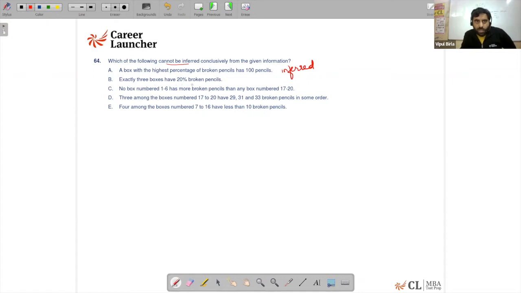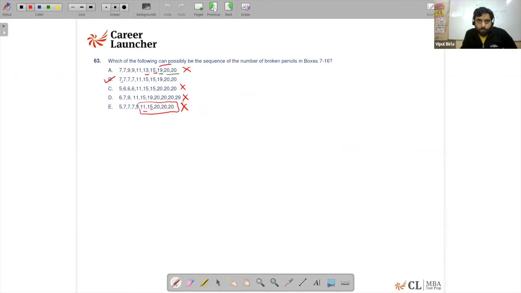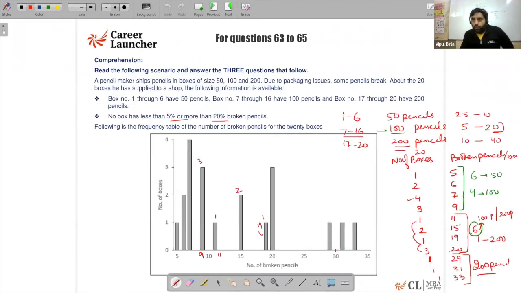Exactly 3 boxes have 20% broken pencils. 20% will be either 10 or 20 or 40. So in this case, no. In this case, 20, and since there's no box with 10 pencils broken, they are saying exactly 3 boxes are having 20%.